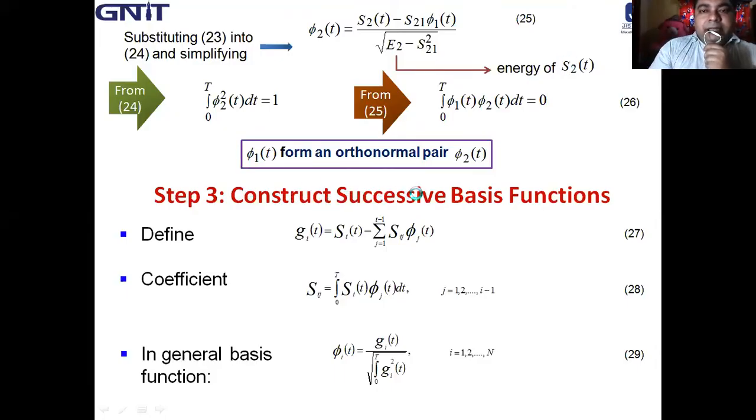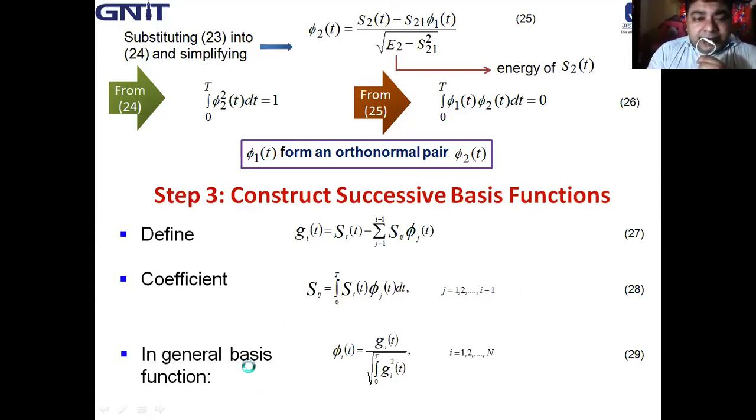Now continuing in this fashion, any intermediate function, say gi(t), is equal to si(t) minus the summation of j equal to 1 to i minus 1 of sij phi j(t), and the coefficient sij is equal to the integration of si(t) phi j(t) dt, where j is equal to 1, 2, 3 up to i minus 1.